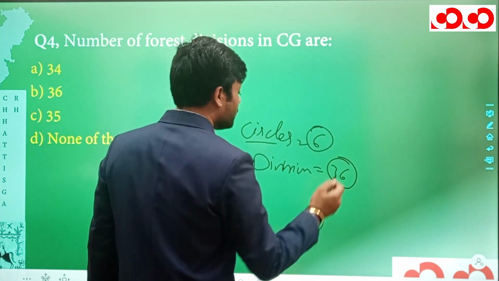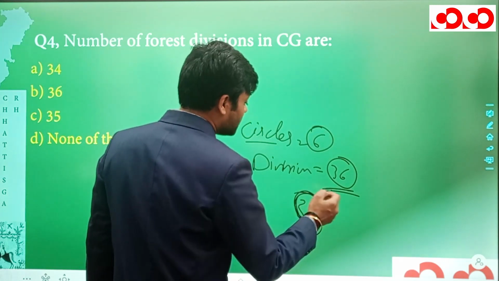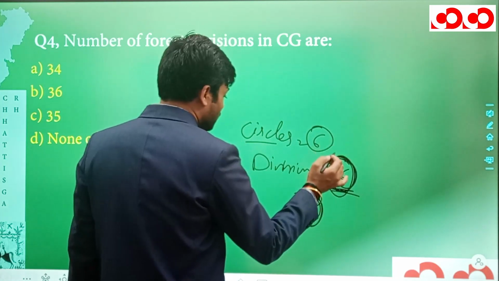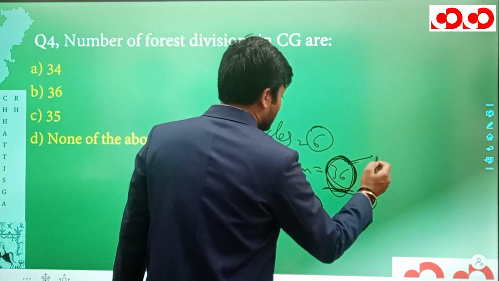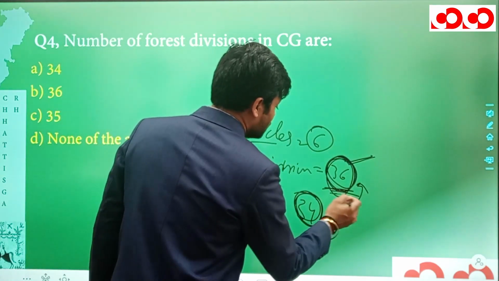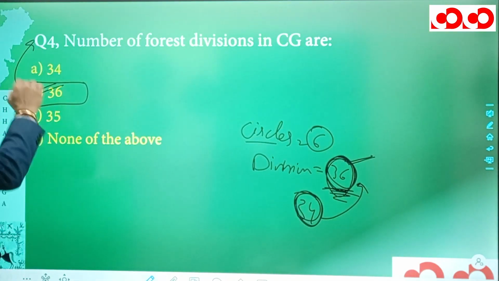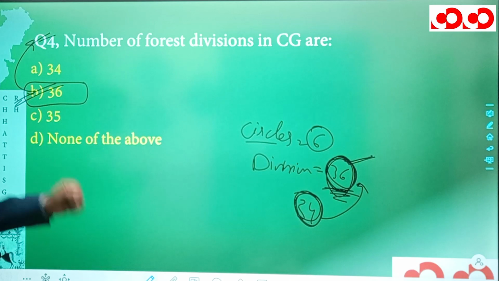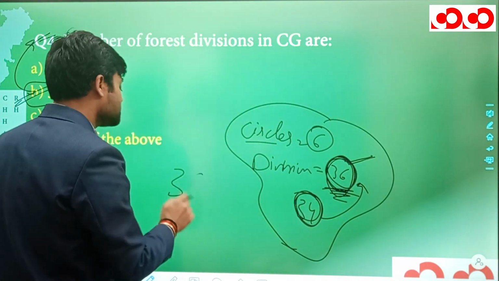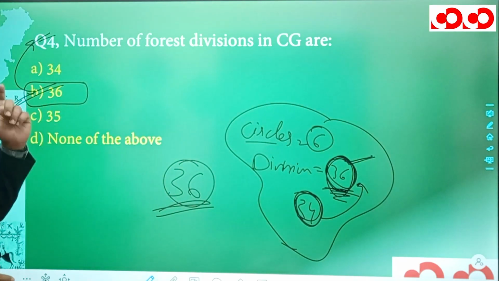Now if you refer to the books, it will be given 34 and not 36, but let me tell you, according to the administrative report of the forest department, the number of forest divisions in Chhattisgarh have increased from 34 to 36 now, and hence option B, 36, is going to be the correct option for our fourth question. So this is rather related to current affairs, but please remember we have 36 forest divisions now and not 34.